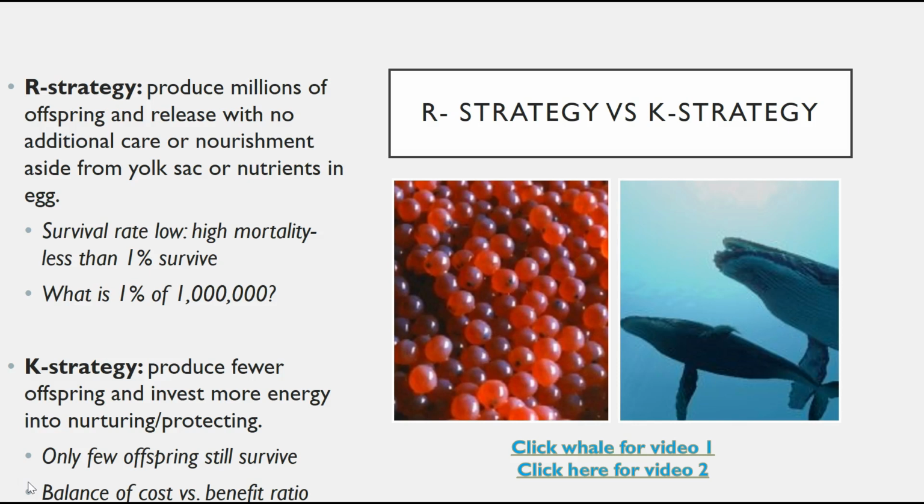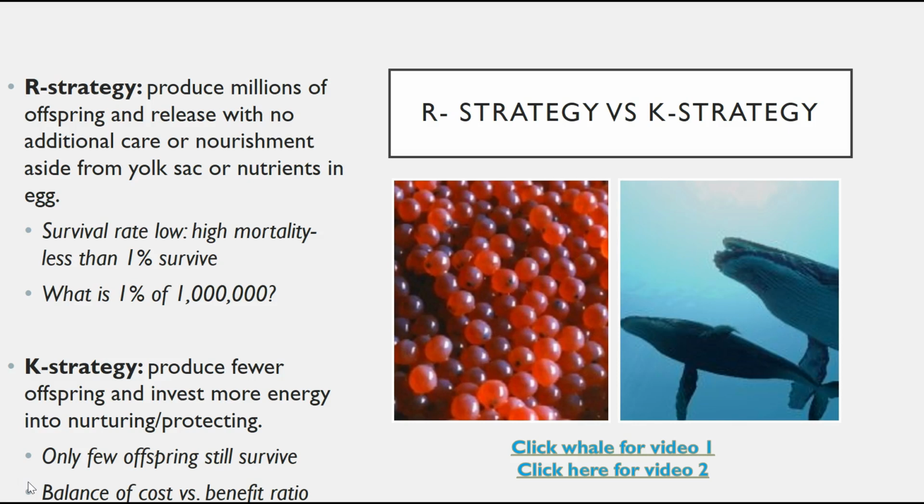They're saving energy in not putting a lot of care into it, but they're also using a lot of energy because it's actually very energy costly to create that many egg and sperm, and then to go through the process of attempting fertilization only to have a small percentage survive, right? So that is the cost versus benefit on that one.